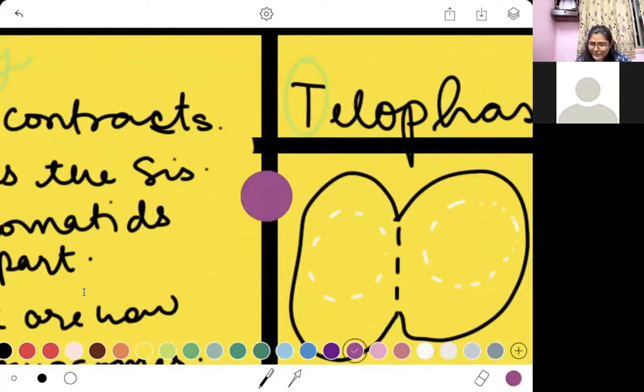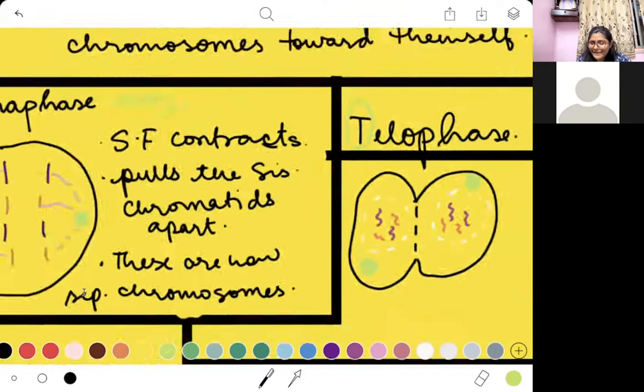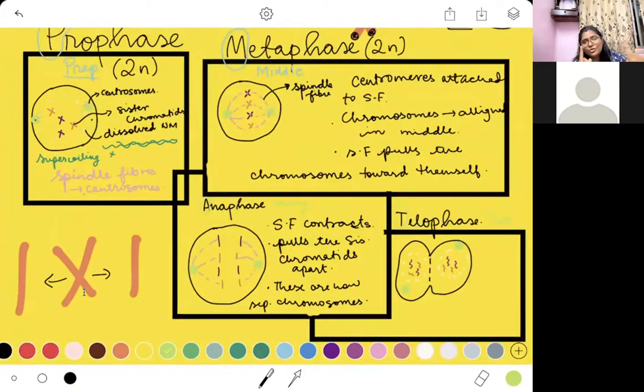You are going to have the sister chromatids that are now separated and called individual chromosomes. Okay, they are present in 2 different locations like this. While they are present in 2 different locations, each one of the centrosomes is divided and goes to 2 individual ends.